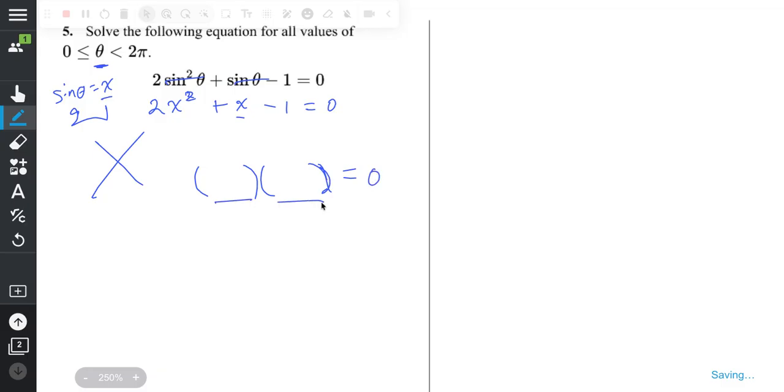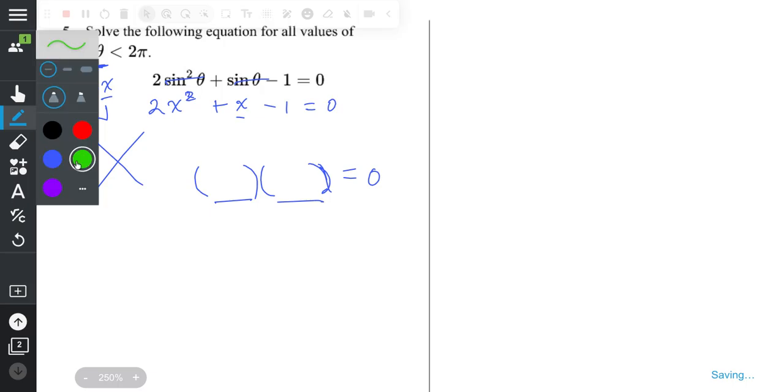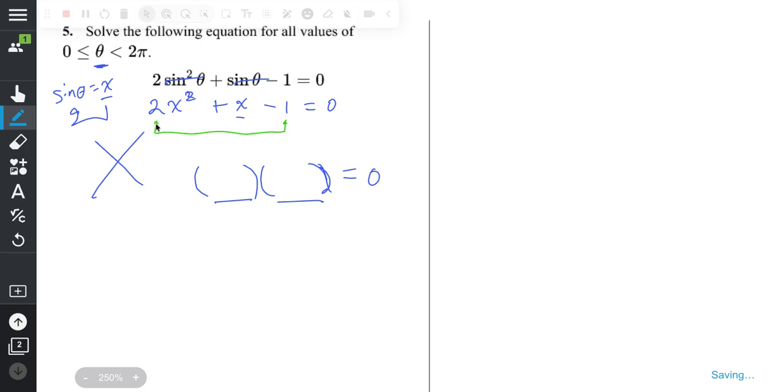And we're going to set this to 0, set that to 0. Okay, so this is a tricky factoring situation where we have an a and a c value. We've got to multiply those and put them up top like that. We've got a middle value of 1, since the b is 1. And we're going to solve this x method. We've got to multiply to this, add to that.